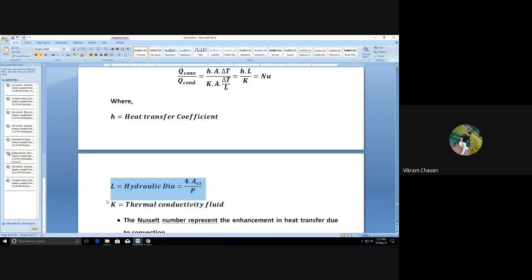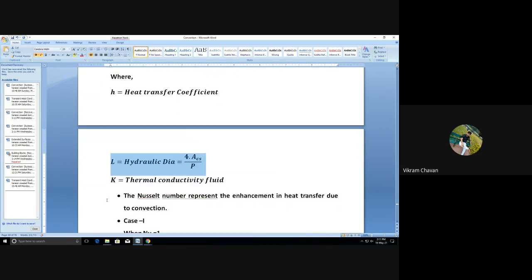K is the thermal conductivity. So what is the significance of the Nusselt number?